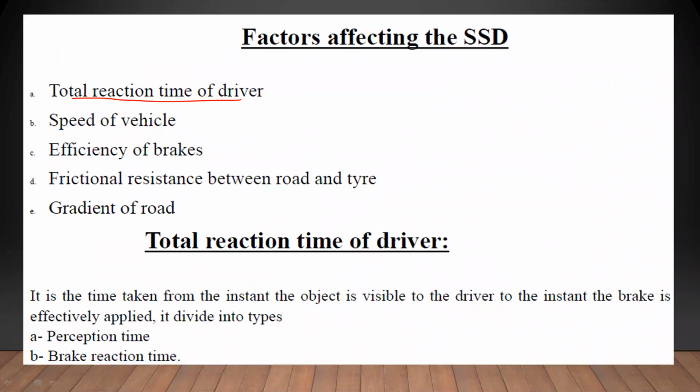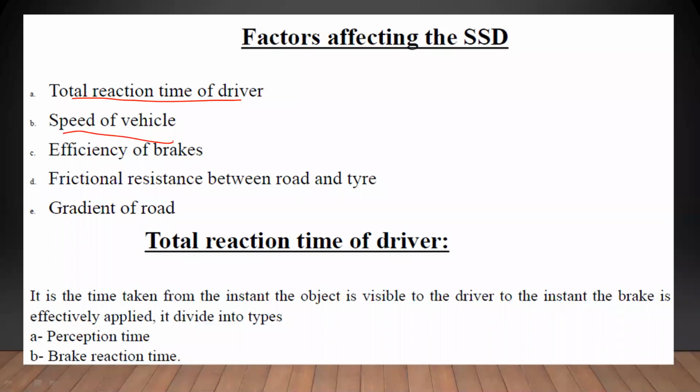As per IRC recommendation, 2.5 seconds is considered as the total reaction time. It is the time from the instant of observing an object, for example an opposite vehicle in front of you, to the instant of applying the brakes. Usually we consider 2.5 seconds.